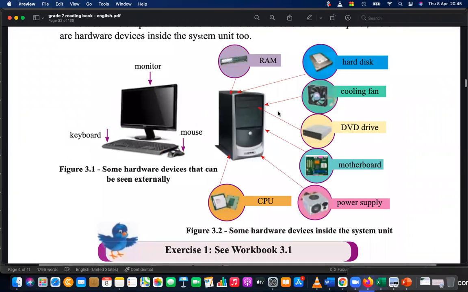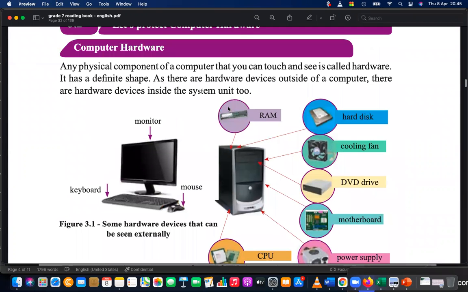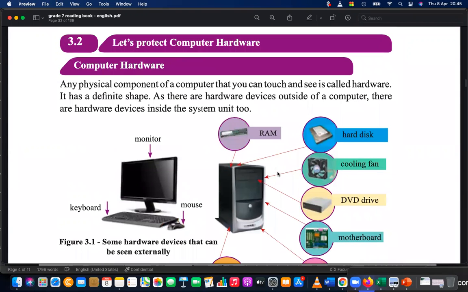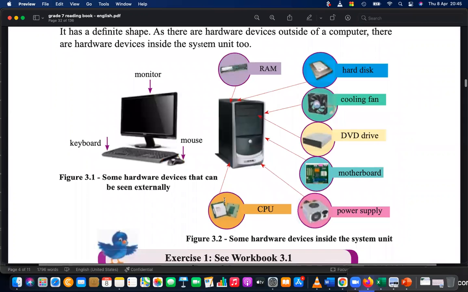Inside that you have the hard disk, cooling fan, DVD, motherboard, power supply, CPU and RAM. All are inside this. This is not the CPU. Sometimes in industry or shops, shop owners say that this is the CPU. This is not the CPU. Inside that you have the CPU. This is the CPU chip. This is the system unit.